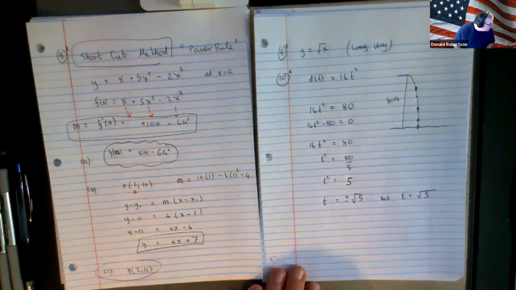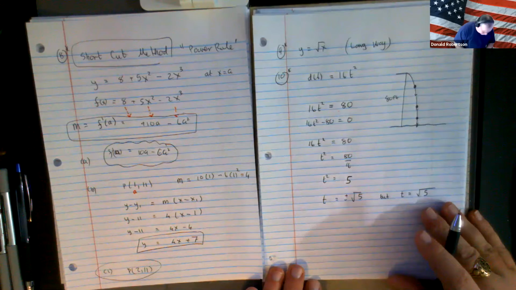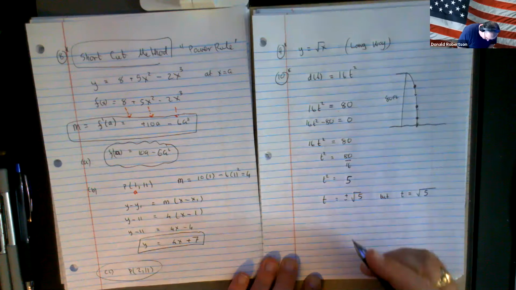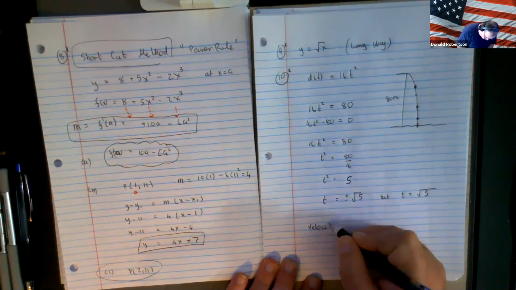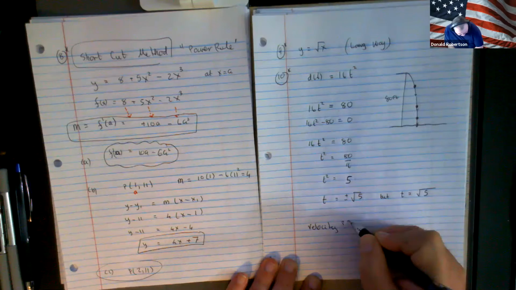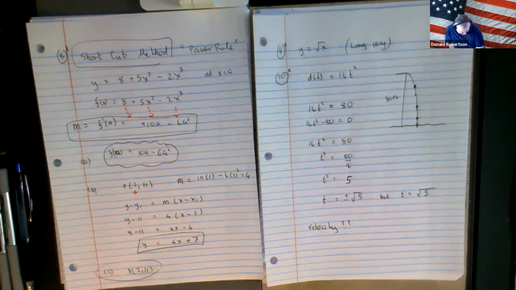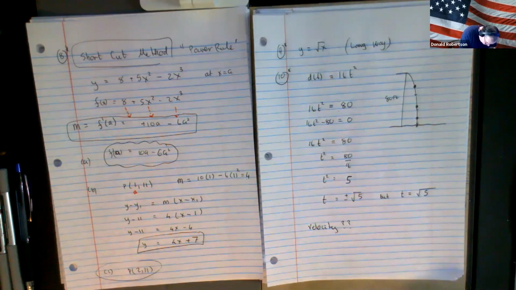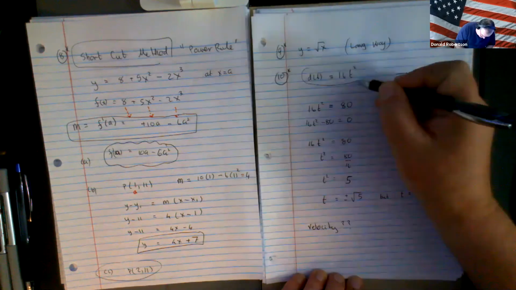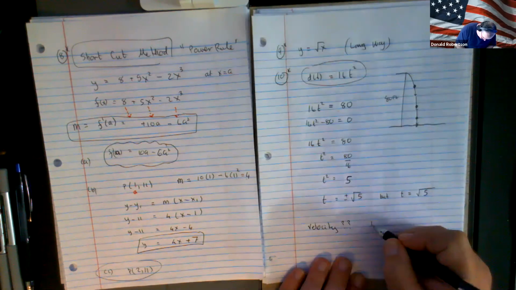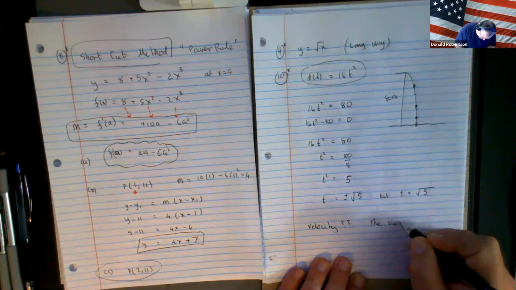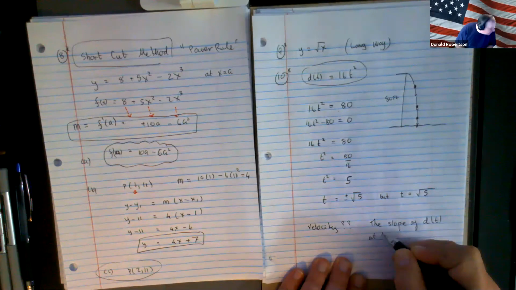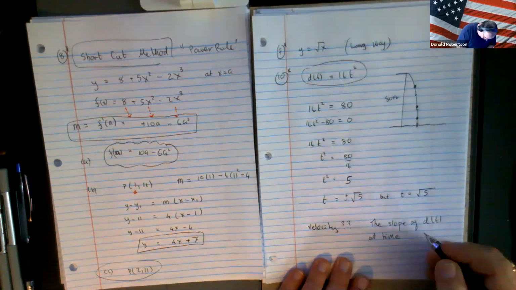So it then goes on and asks us to find the velocity. And you're looking and you're saying, where the heck did that come from? We've never done velocity. Well, the slope of d(t) at time, what do they want? t equals a.